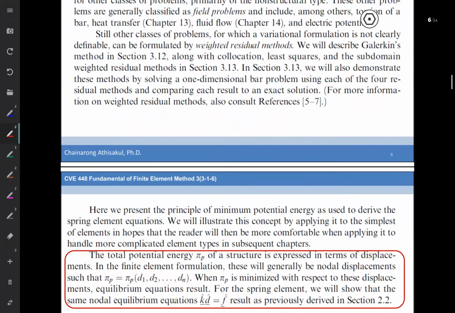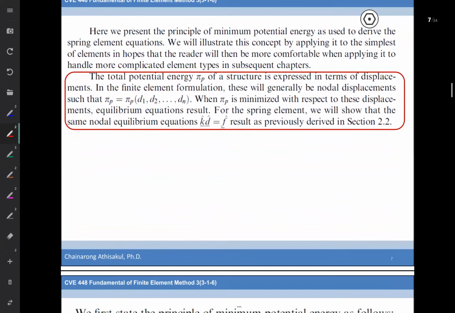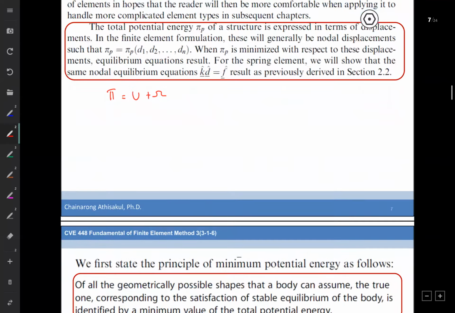Let's talk about the potential energy of the structure first. We use the pi notation. Pi represents the total potential energy, that is equal to U plus omega.